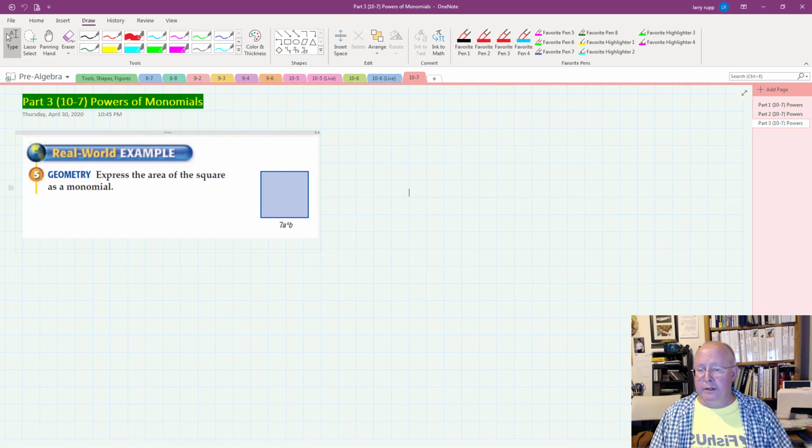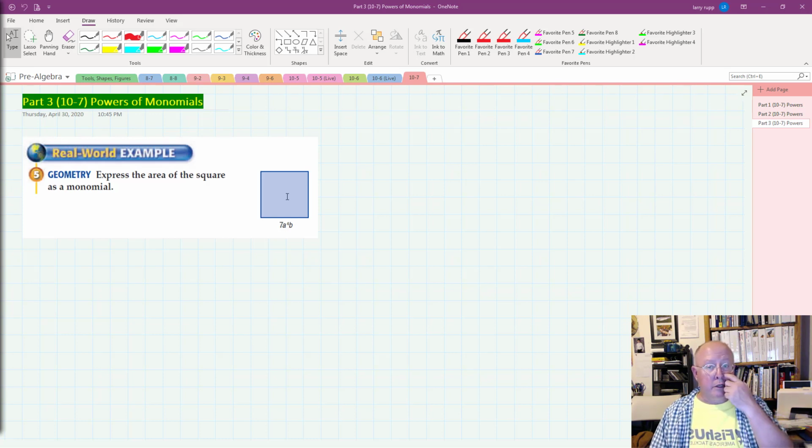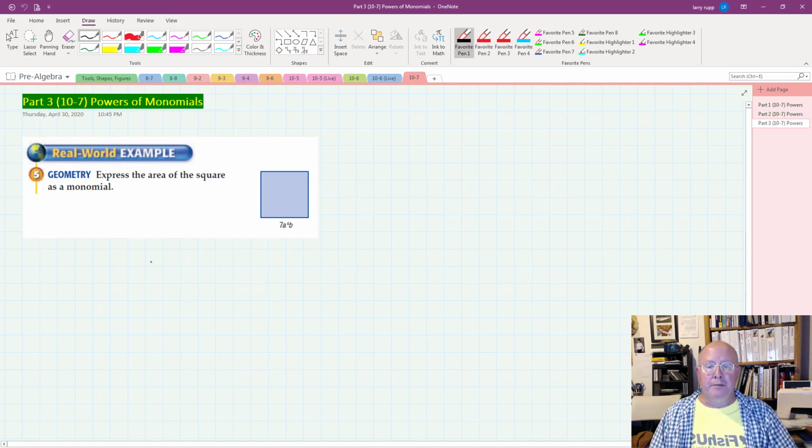So now we're going to work on a real world example. They call this real world because this is a real kind of problem as opposed to just a theoretical problem. Geometry. Express the area of the square as a monomial. First of all, what's the area of a rectangle? The area of a rectangle is length times width, correct?